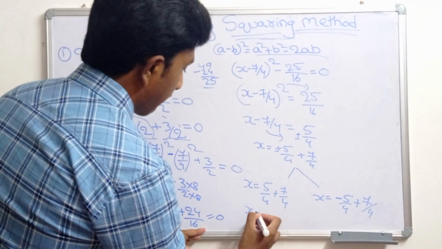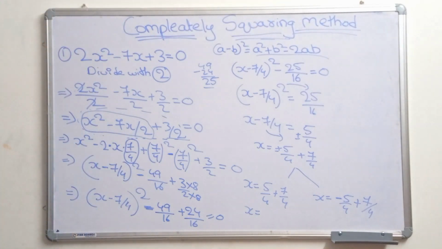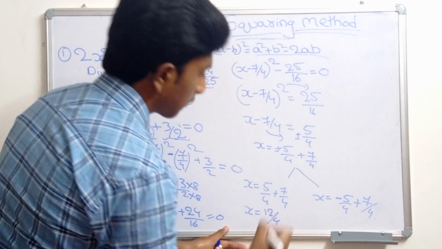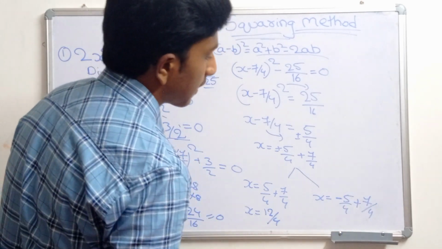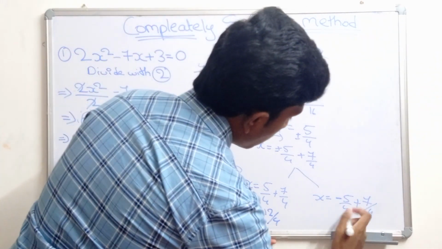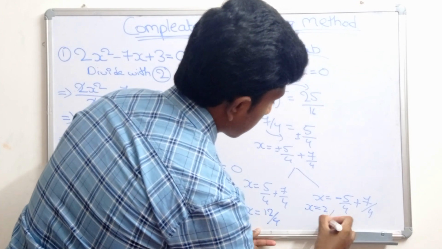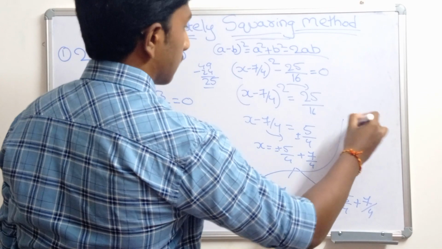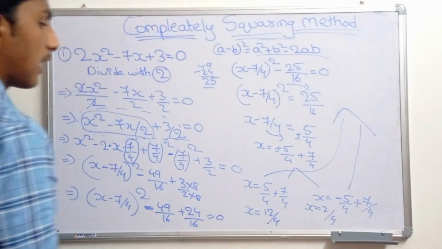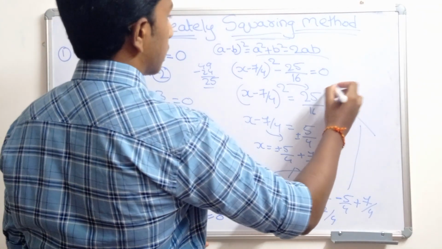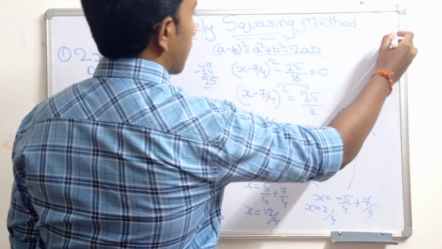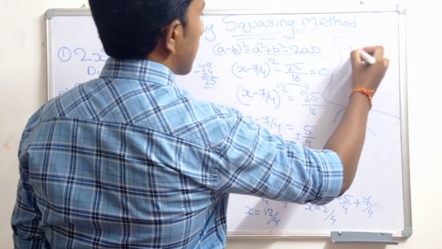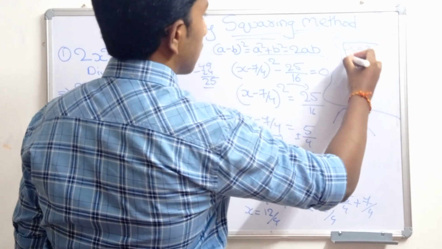So x is equal to 7 plus 5, 12/4. Here x is equal to 7 minus 5, 2/4 guys. So I am writing it here. 12/4 means x is equal to 3, the first one.